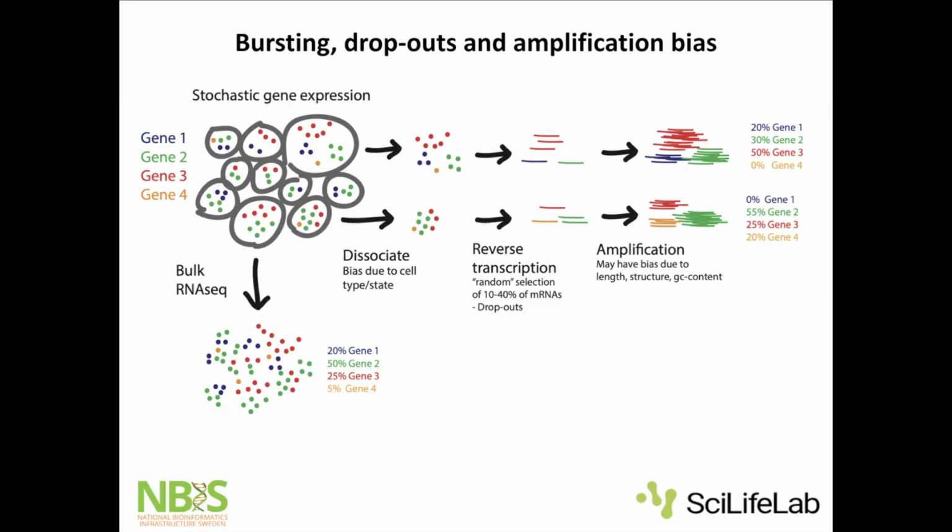Exactly which mRNA molecules will be amplified or reverse transcribed can have to do with the length of the poly-A or the RNA structure. So it's not completely random. If you would count absolute numbers of molecules versus how much you get, that's the same in bulk RNA-seq. It's not completely a one-to-one relationship there either, right?